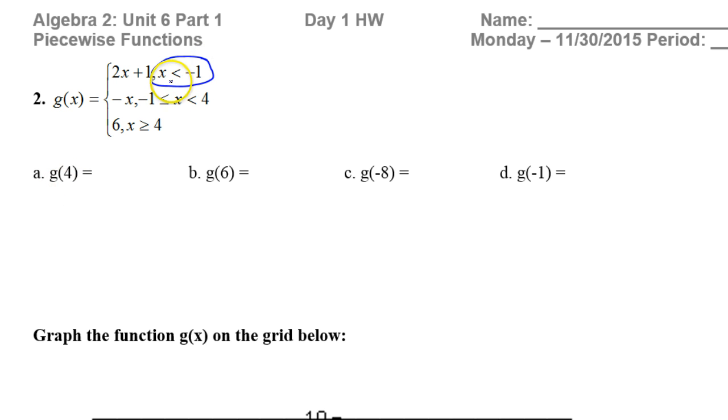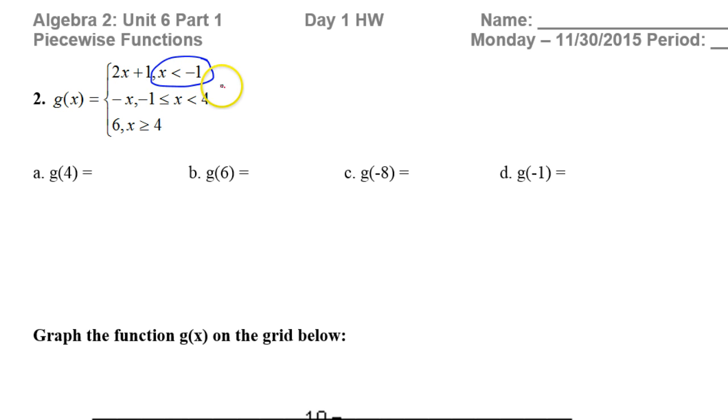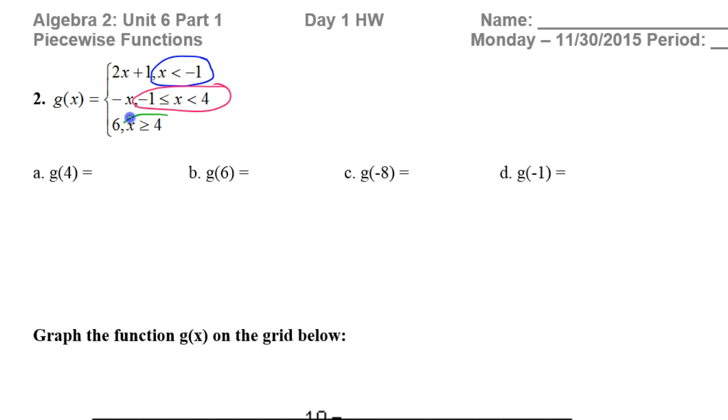Is 4 less than -1? No. Okay, is 4 between -1 and 4? No. All right, is 4 greater than or equal to 4? Well, yes, because of the equal to part.